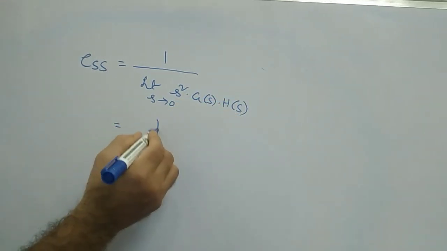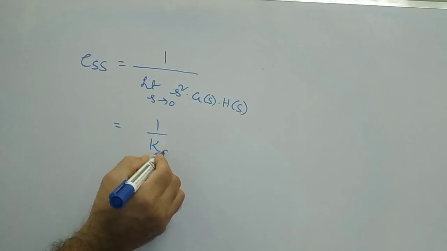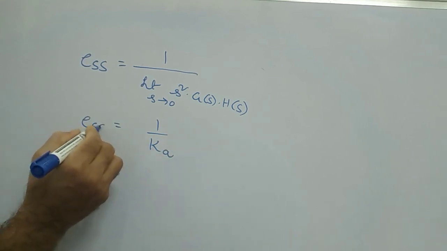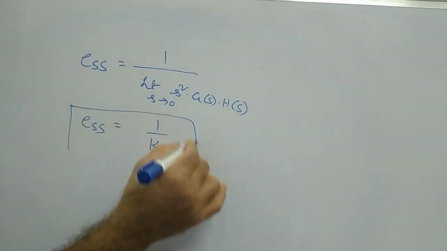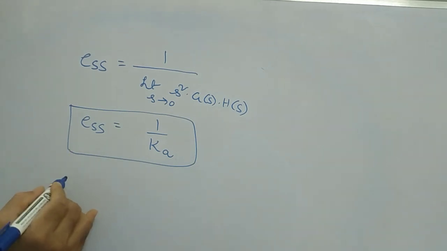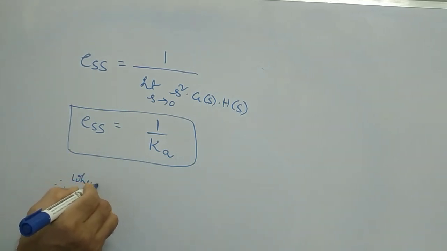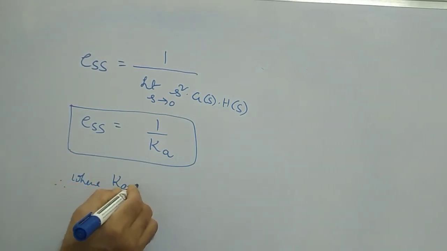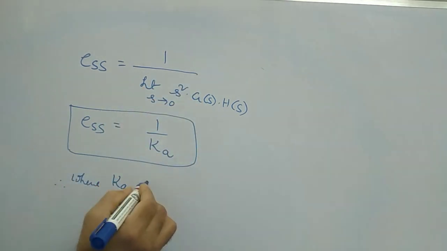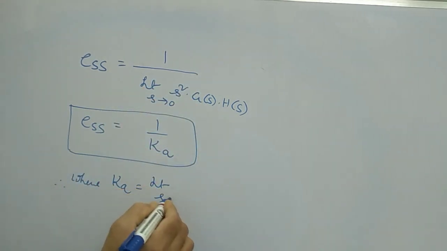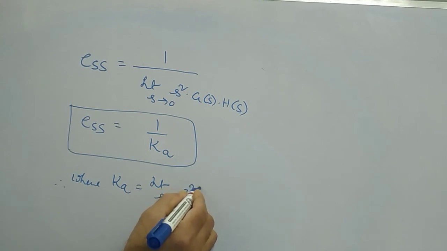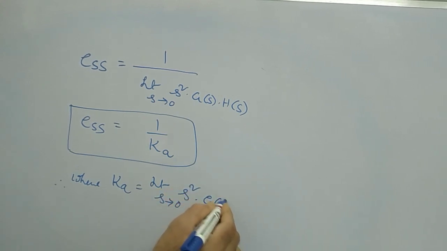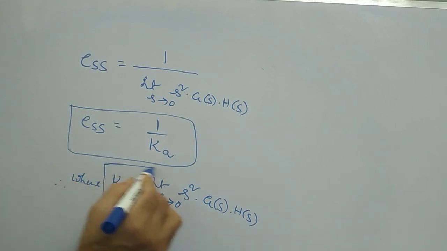This can further be written as 1 by K suffix a, where Ka is equal to this entire part, limit s tends to 0 of s square into G of s into H of s, is called your K. What is K?